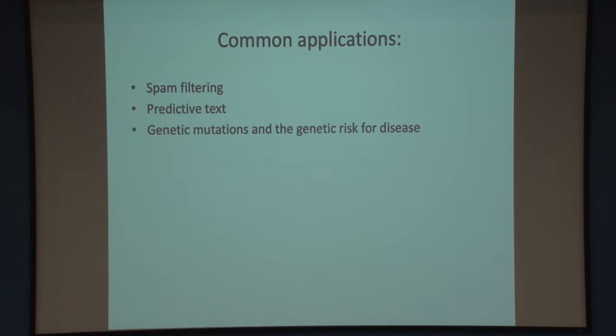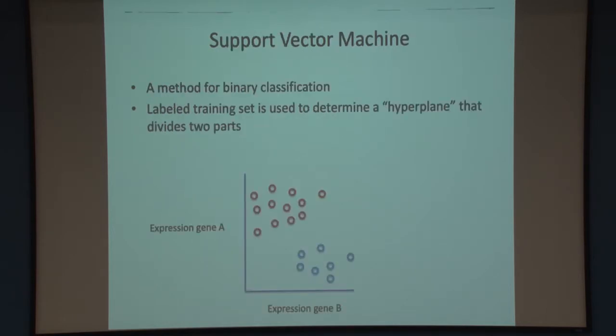Okay. So the last machine learning algorithm that I wanted to talk about before we go into an application for it is called a support vector machine. It's a method for binary classification. And what that means is taking a group of data and trying to classify it into two different classes.